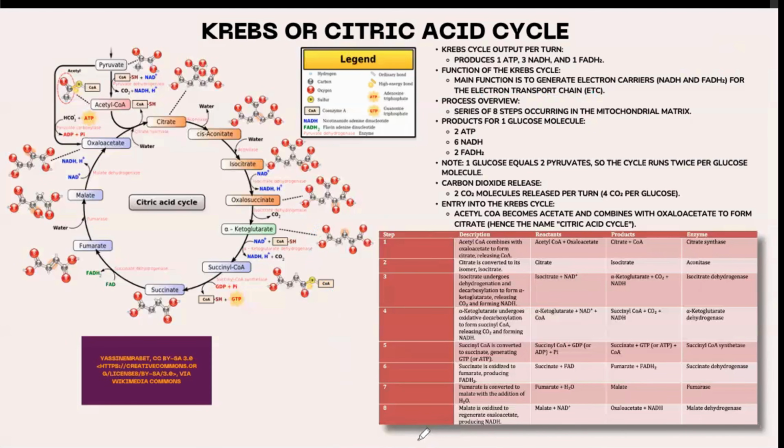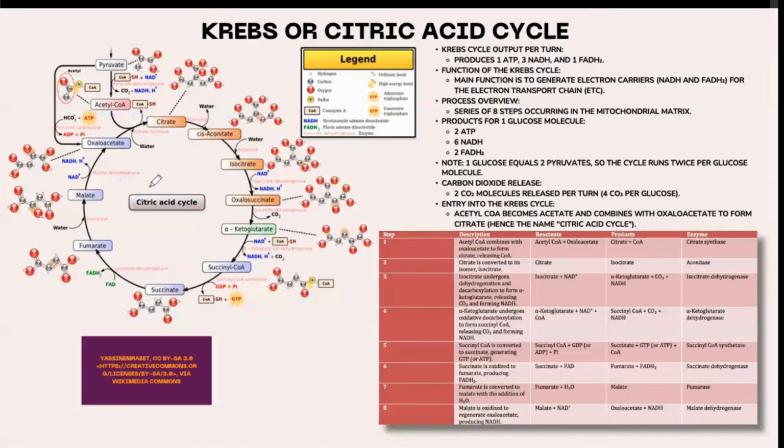Now, for one glucose molecule, remember, everything is doubled for the Krebs or citric acid cycle. We're not talking about just one acetyl CoA, because one glucose molecule produces two pyruvate, which also produces two acetyl CoA. That means the citric acid cycle will not just run once, but twice, to compensate for the two acetyl CoAs.